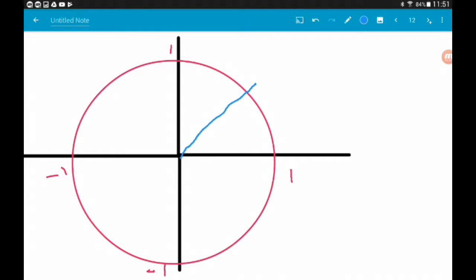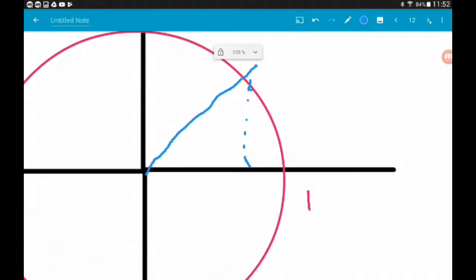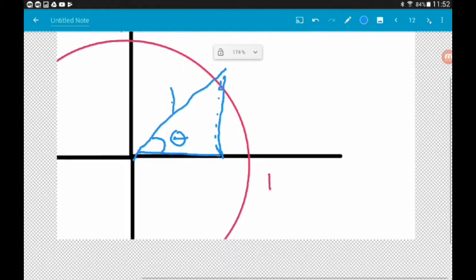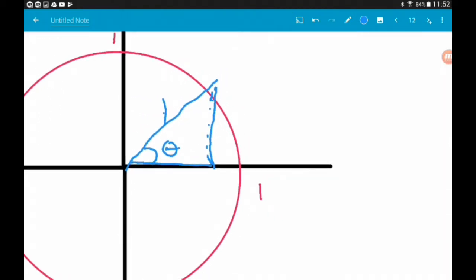Then again, we can make ourselves a right angle triangle like this. Again, this angle is theta, and because it's a unit circle, our hypotenuse is 1. So remember that cos of theta is the adjacent over the hypotenuse.